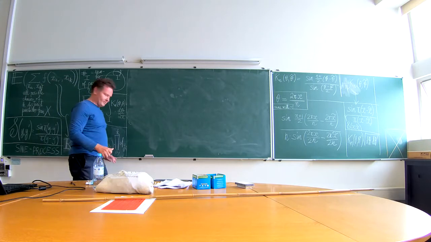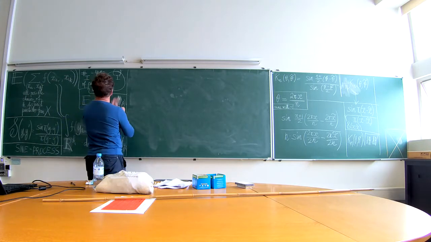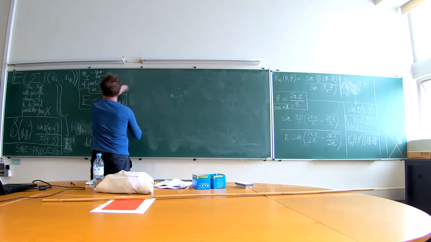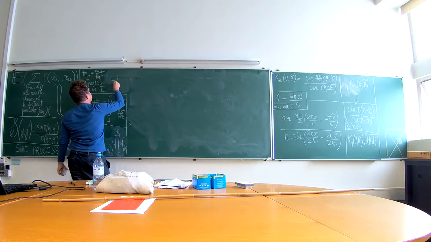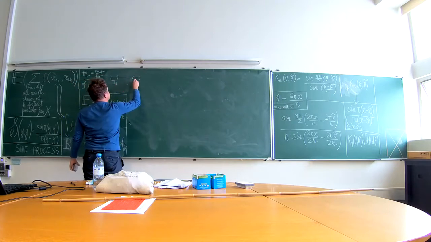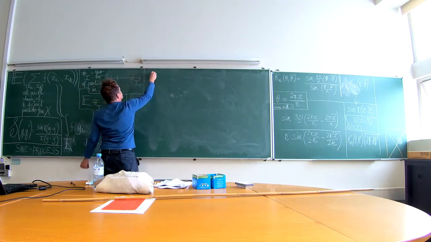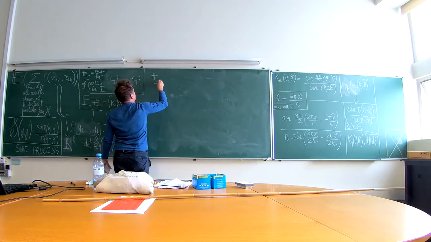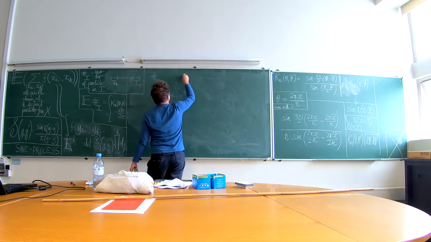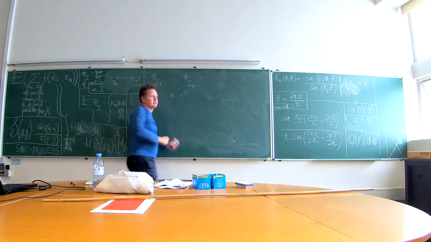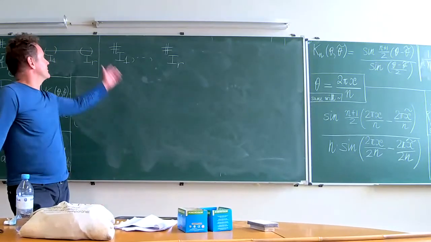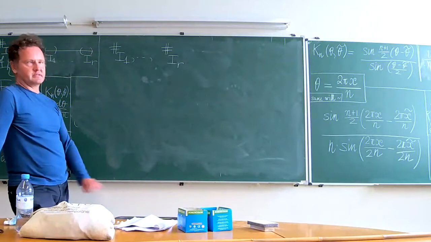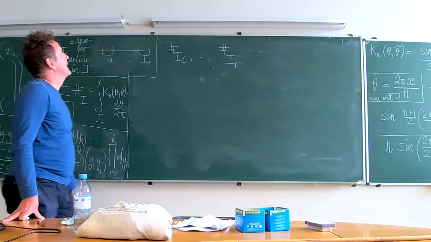So now I'm not on the circle, but on the line, so I have some intervals I1, ..., IR, and I want to determine the joint distribution of these numbers of particles in these intervals, because this is precisely what it means to determine a measure. These are parameters which determine the measure. So this is tautologically what it means to determine.